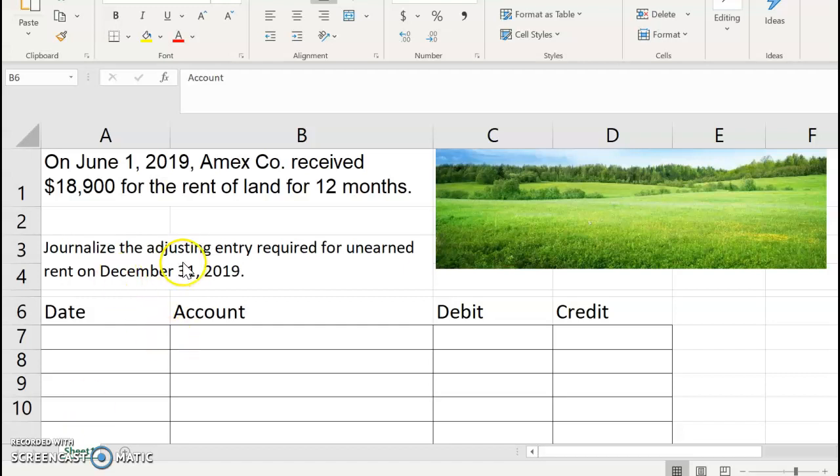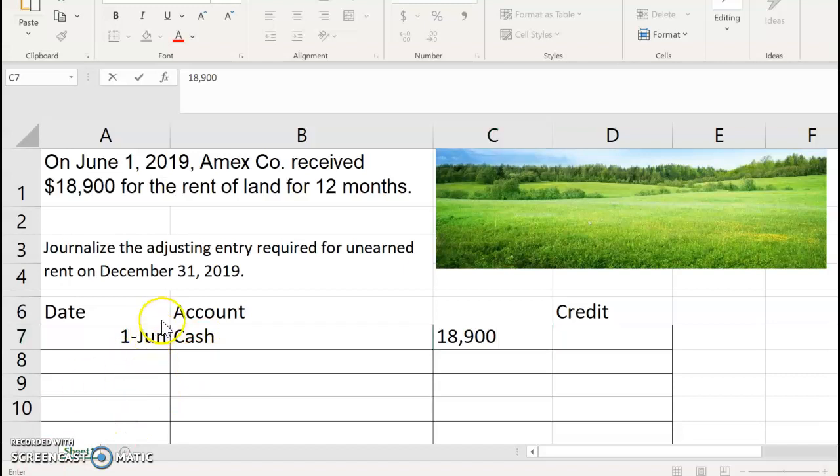So the problem is asking you for your adjusting journal entry, but I like to make the first entry so that I can see why we need an adjusting entry. So I'm going to make the first entry that would have happened. So it would be June 1. Amex received $18,900 for the rent of land, so cash is going to go up by $18,900.